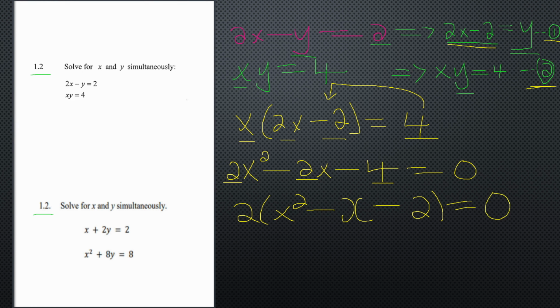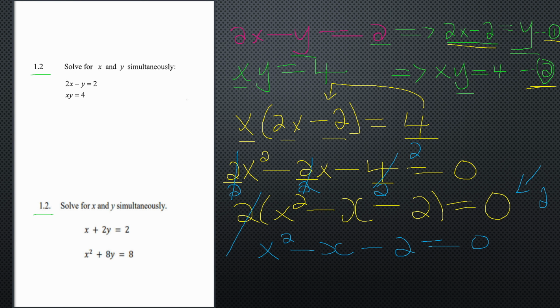You can divide it by 2, and if you divide the entire equation by 2, you'll be left with x squared minus x minus 2 equals 0. You can also divide it from here just to save time: the 2s cancel, and 4 divided by 2 will be 2.